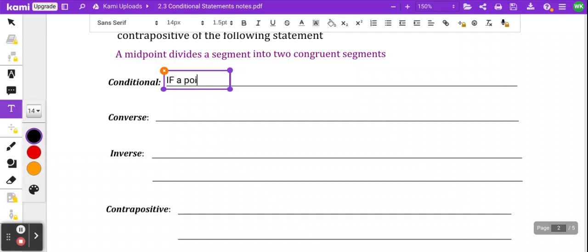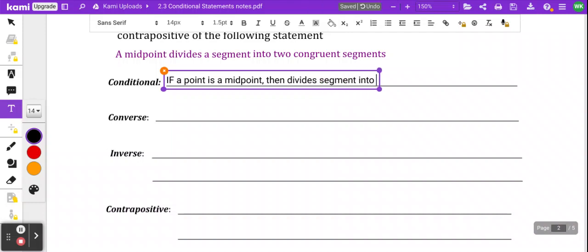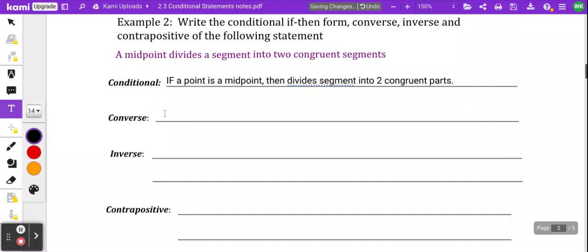If a point is a midpoint, then it divides a segment into two congruent parts. Okay, so this is my conditional statement. For the converse, I'm going to switch if and then.